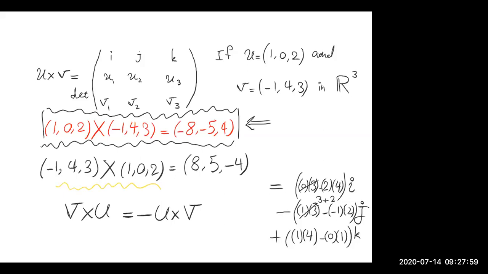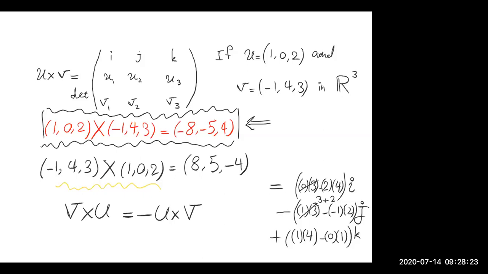Well, in the first case, I computed 1, 0, 2 times -1, 4, 3. Now I want to compute -1, 4, 3 times 1, 0, 2. I just changed the order. What will happen to the answer? The answer, we should just multiply it by -1.